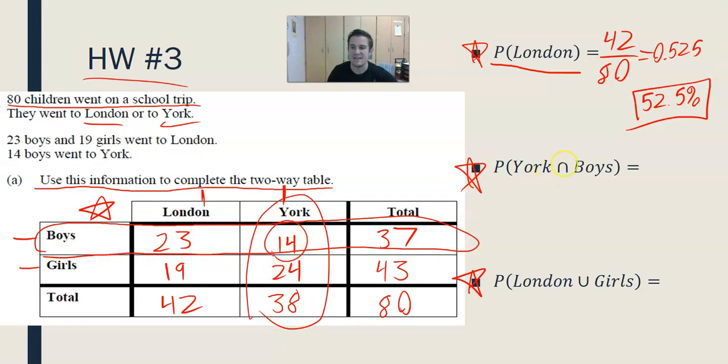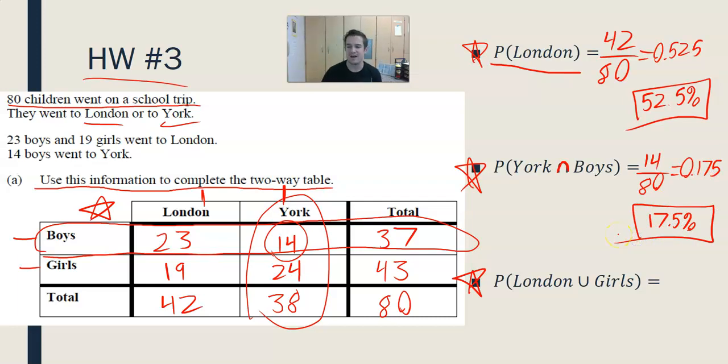I'm trying to find the intersection, so I'm finding where both the column and the row intersect. So there are 14 boys that went to York out of a total of 80 kids. 14 divided by 80 is 0.175, or 17.5%. So 17.5% of the kids on this trip were boys who went to York.